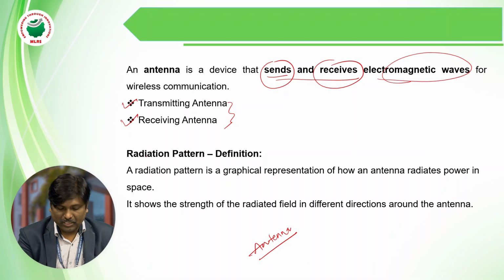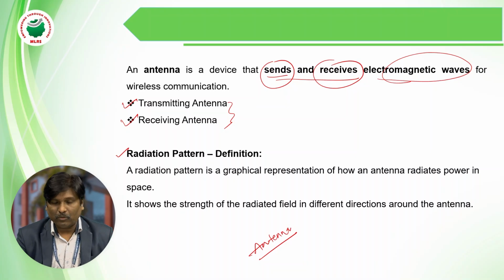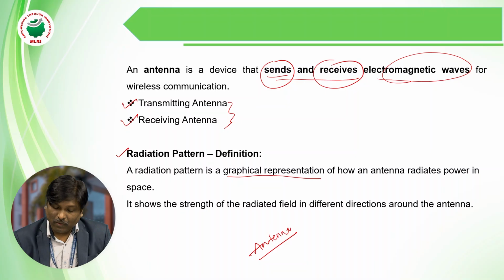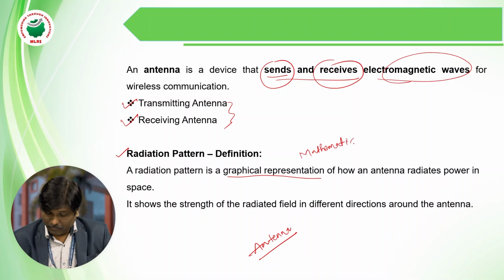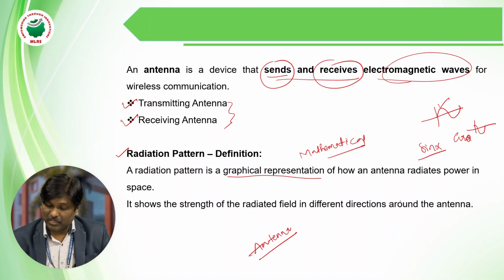The next parameter is radiation pattern. Radiation pattern is a very important characteristic of the antenna. What is its definition? It can be represented in a graphical manner or by a mathematical function. For example, if you mention sin x or cos theta, we can draw the graph like this. So the graphical representation is drawn based on its mathematical representation.